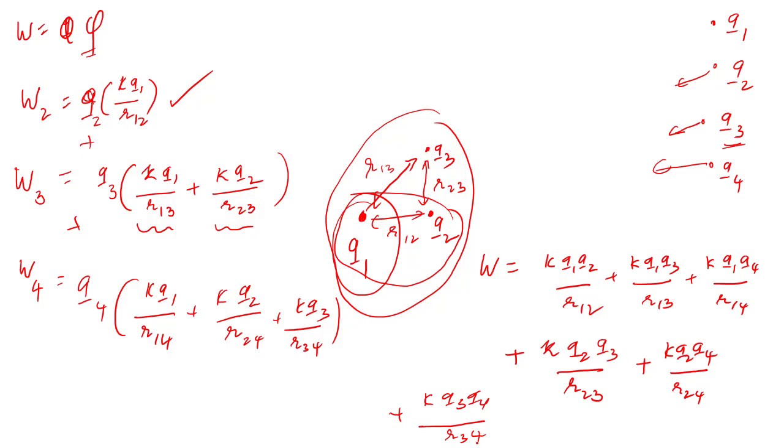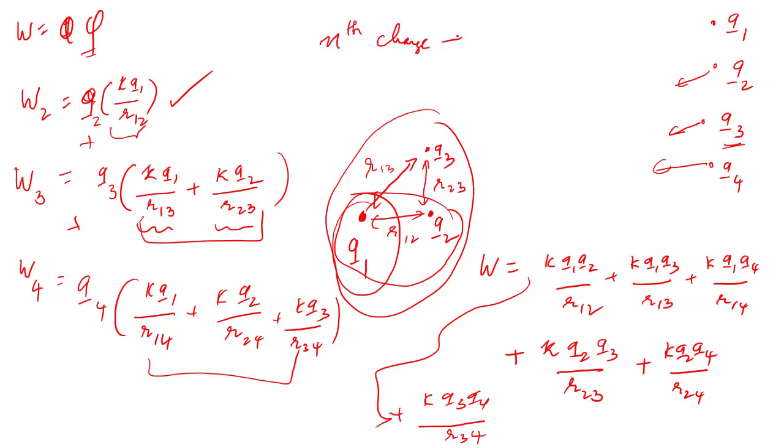Right. So now, by looking at this trend, for the first charge there is no work. For the second charge, you have one term. For the third charge, you have two terms. For the fourth charge, you have three terms. So for the nth charge, you will have potential from n minus 1 charges that you brought before them.